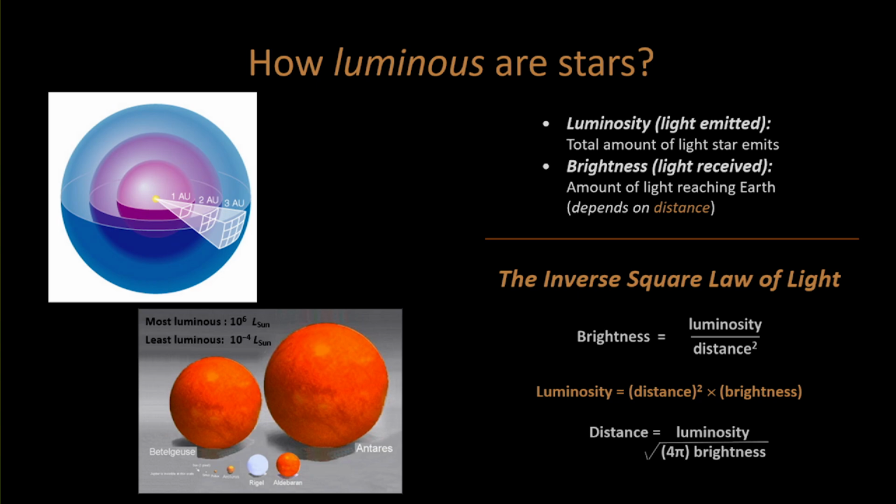Nice relationship for us to be able to use to determine how much light the star is actually giving off. If we really wanted to, we could turn the equation around one more time. If we know the luminosity somehow and measure the brightness, we could actually use it to find distance. We do that occasionally, but the primary version of the equation is that middle one there. We measure the distance and we measure the brightness.